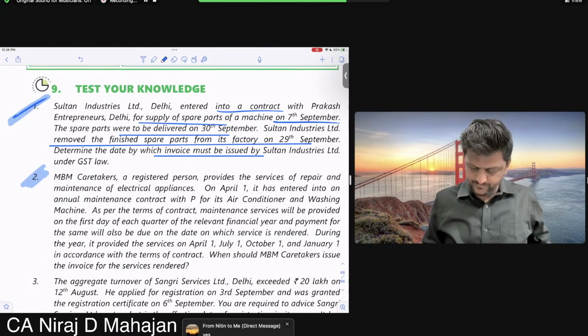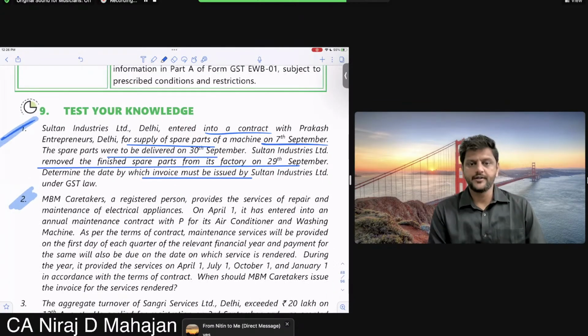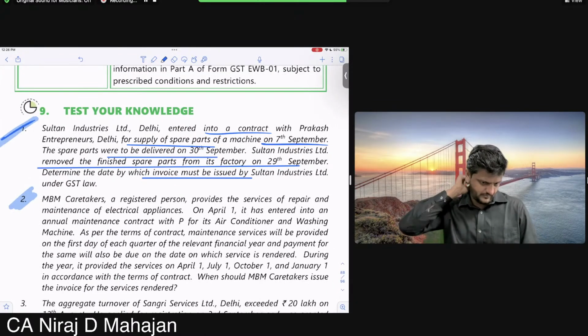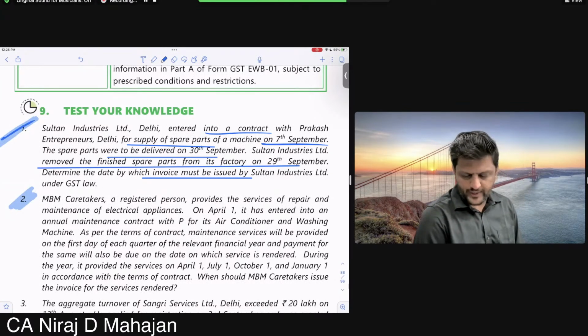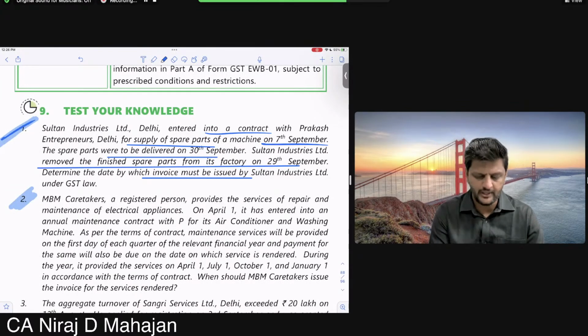MBM Caretakers, a registered person, provides the services of repair and maintenance of electrical appliances.